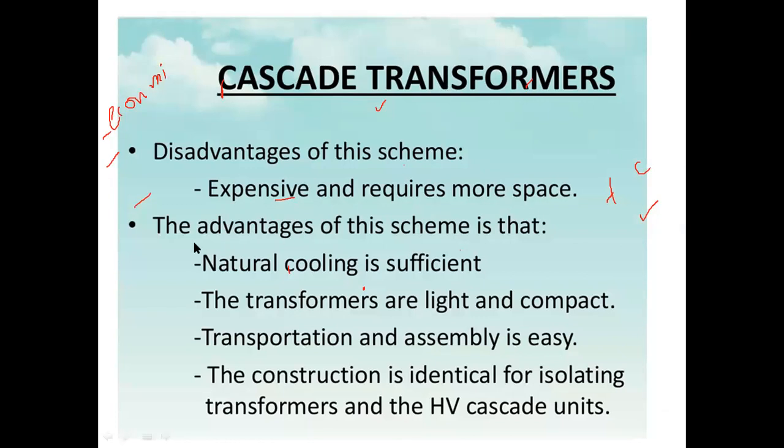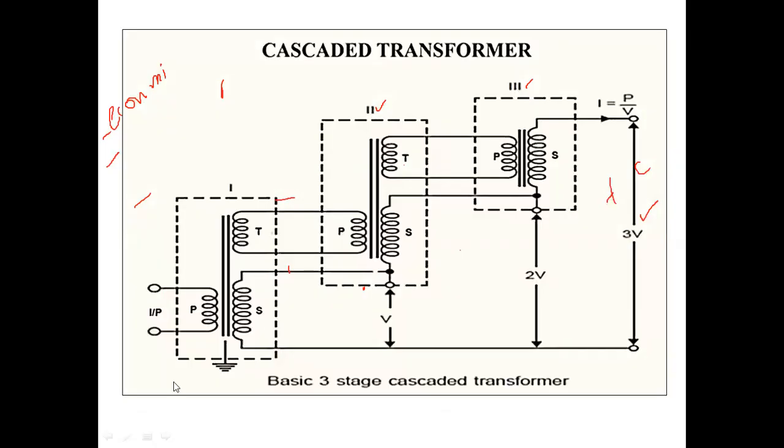The advantage of this scheme is that natural cooling is sufficient. Because these units will be placed in a space, a spacious place is required for cascaded units. That is a disadvantage, but on the other hand, if there is a space between these units, the natural cooling will be enough.